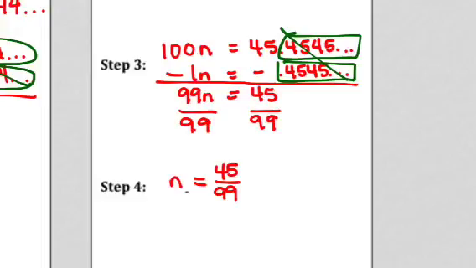They are both divisible by 9. And so when you divide both top and bottom by 9, we get 5 over 11. And a good thing to do would be to do 5 divided by 11 in your calculator and make sure you're getting the 0.45 repeating that we started with.